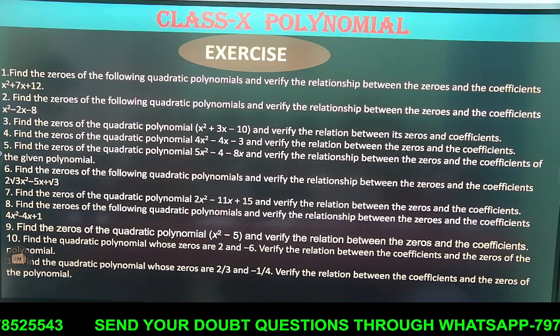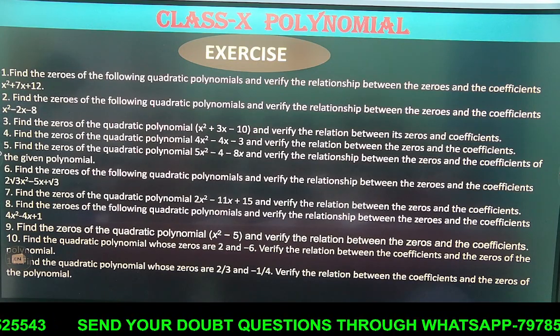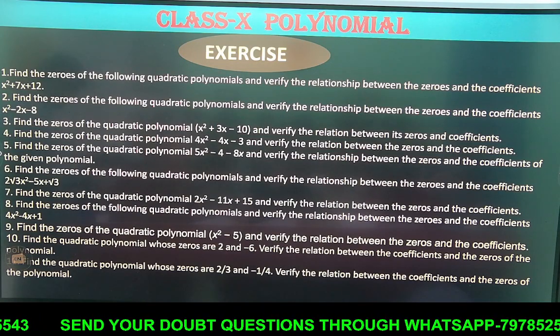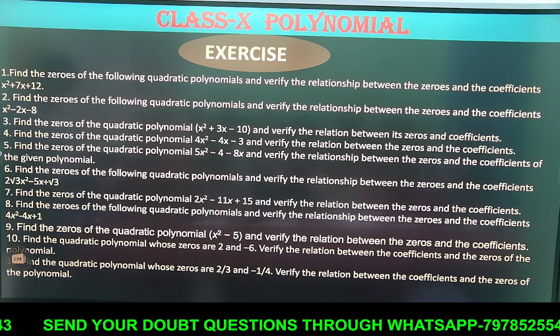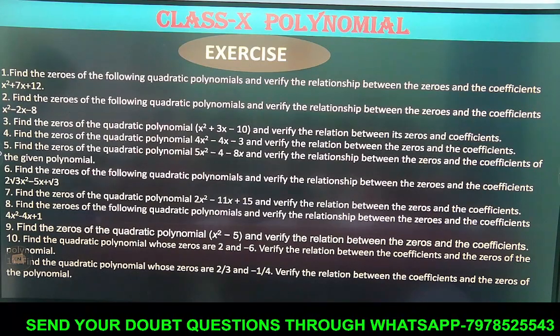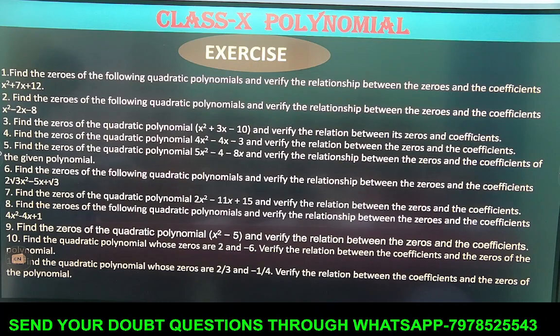Alpha into beta: minus 4 into minus 3 equals plus 12. Then it is c by a. C is 12. 12 by 1, which is 12, right?